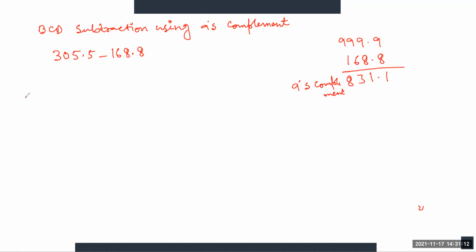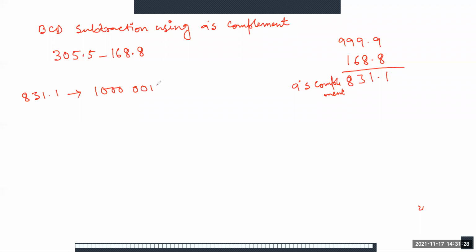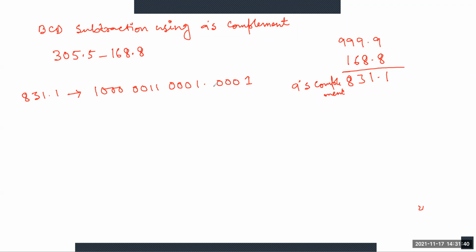Here I will represent 831.1 in BCD: 8 means 1000, 3 means 0011, 1 means 0001, point 1 means 0001. The minuend here is 305.5, and in BCD representation it is 0011, 0000, 0101, point 0101.